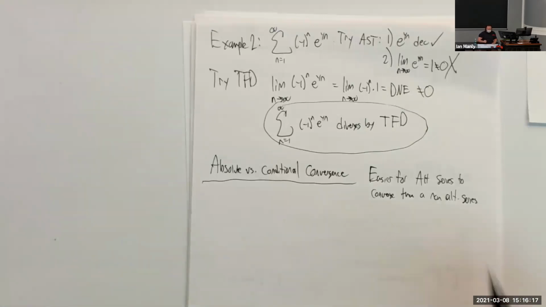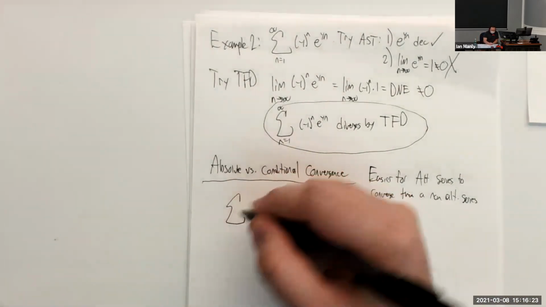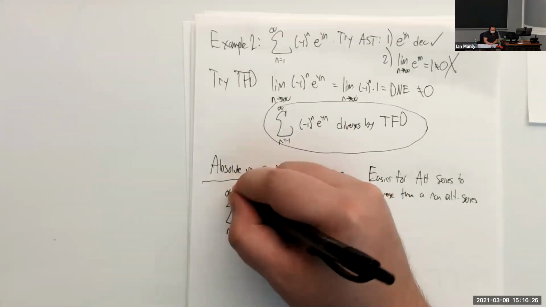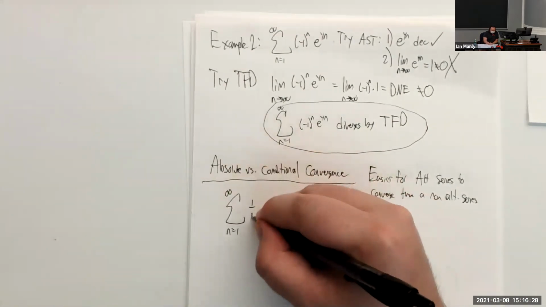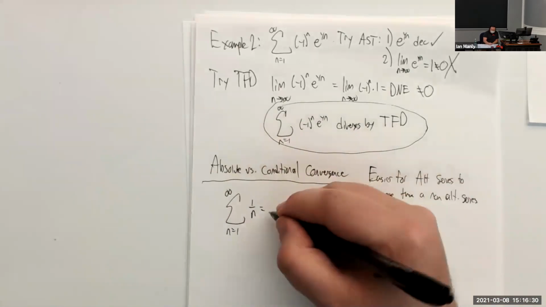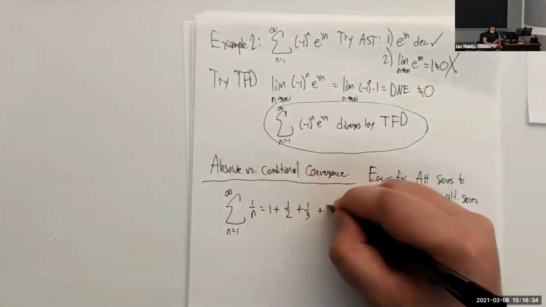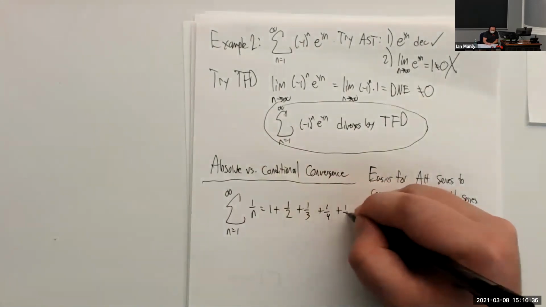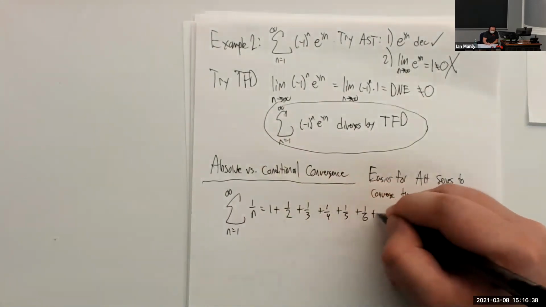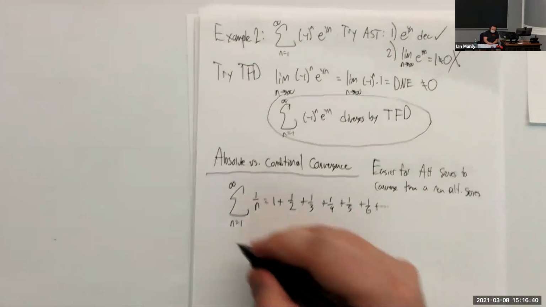Okay, now let me get back to this here. It's easier for an alternating series to converge than a non-alternating series. Let's take a look at two series and see why that is. Let's say we have the sum from 1 to infinity of 1 over n. We have 1 plus 1/2 plus 1/3 plus 1/4 plus 1/5 plus 1/6, and so on.